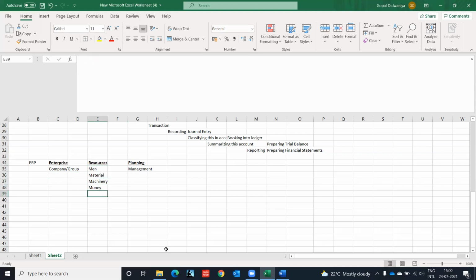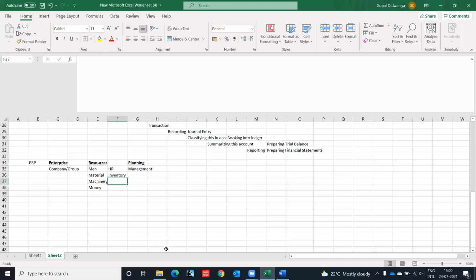under a single management information system. This management we are going to do on behalf of the company and group for these resources. So how are you going to address this in the ERP? We have a specific module for each and every thing. Man, we have the HR module. Material, we have the inventory module.